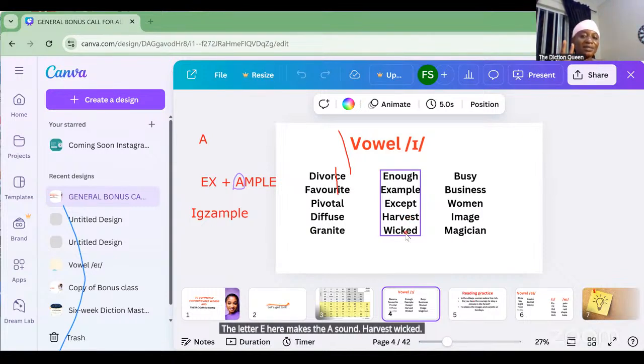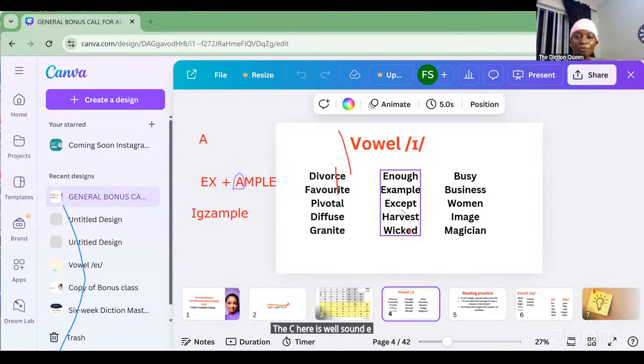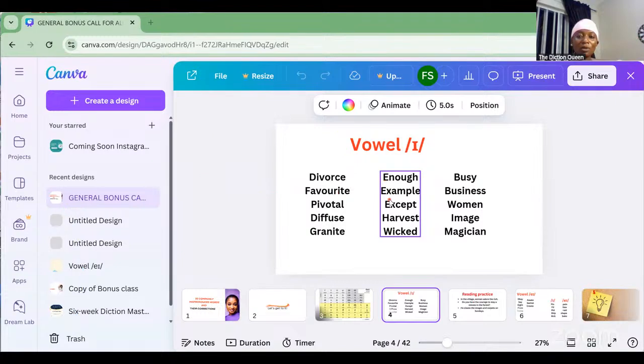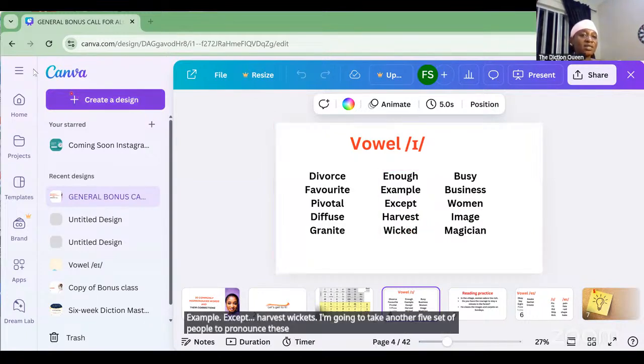There are two A sounds in the word wicked. The first letter I sounds A. The E here as well sounds A. Wicked. So let's go over it again. Enough. Example. Accept. Harvest. Wicked.